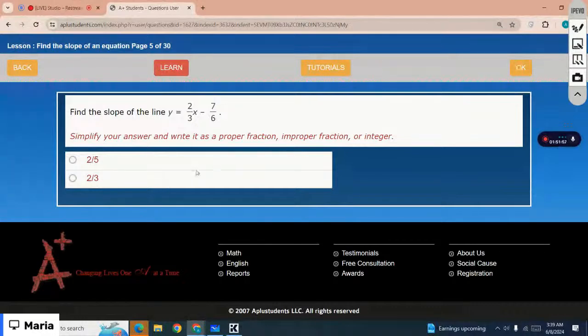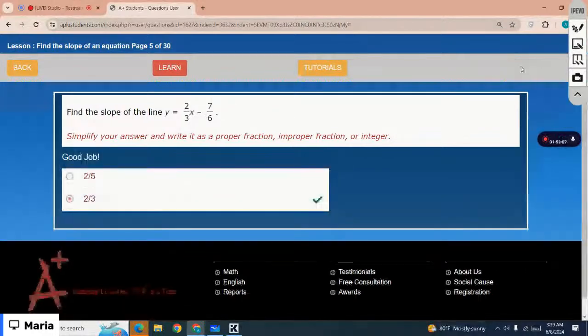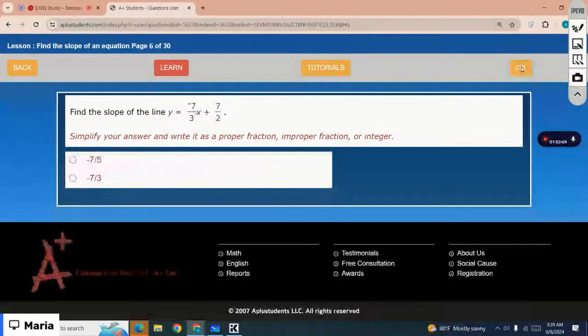Option number 2 is the correct option. Find the slope of the line y equals negative 7 over 3x plus 7 over 2. Negative 7 over 3 is the correct option. Got it?